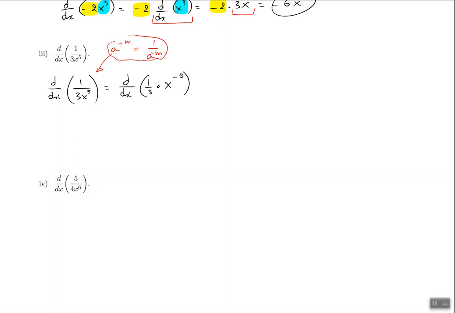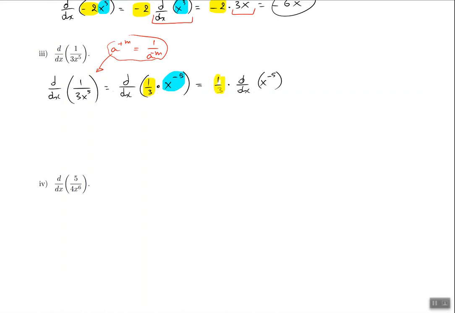So this is just something from the review. This is not calculus, this is basic algebra. Now I'm noticing that there's a number multiplied by a letter with an exponent. So according to the constant multiple rule, the number gets ignored, and we just find the derivative with respect to x of the letter x to the power of negative 5.